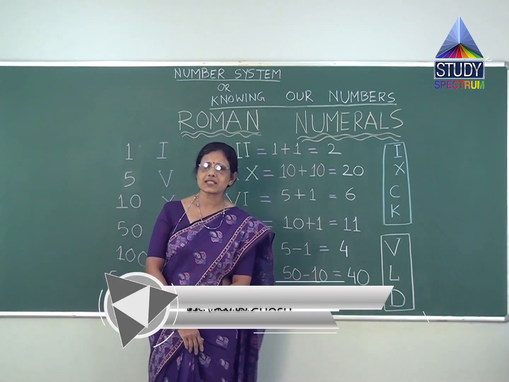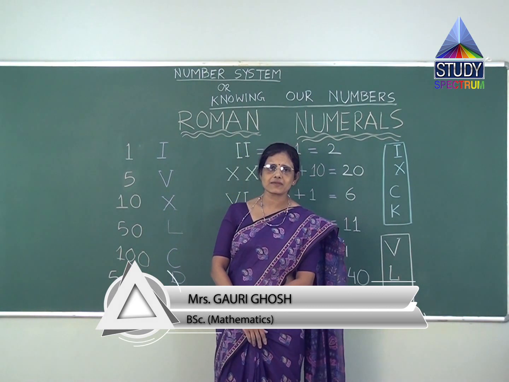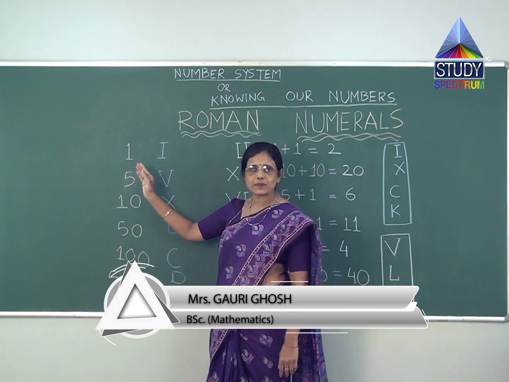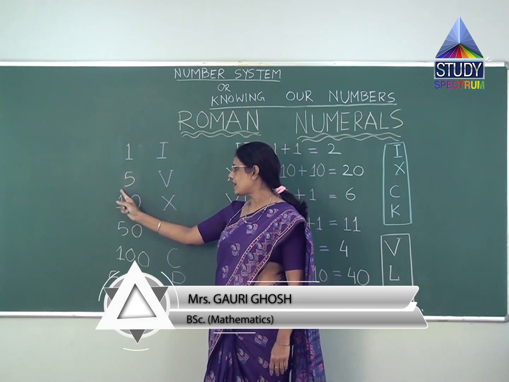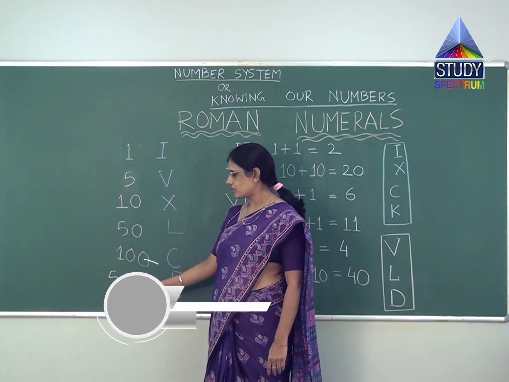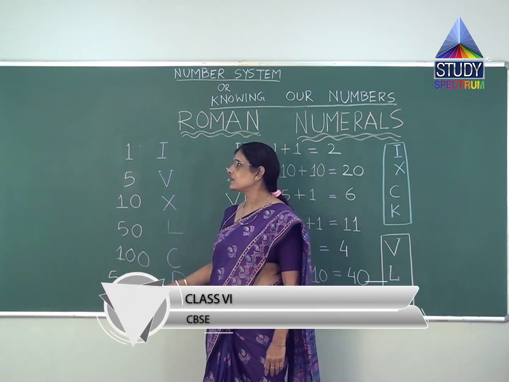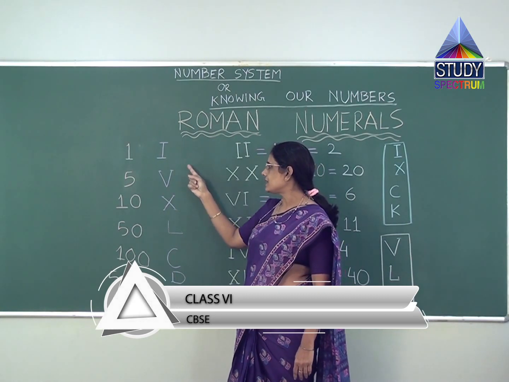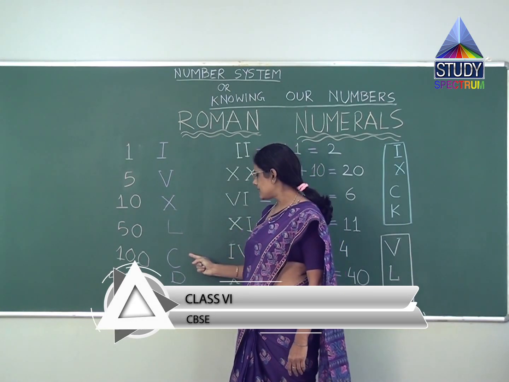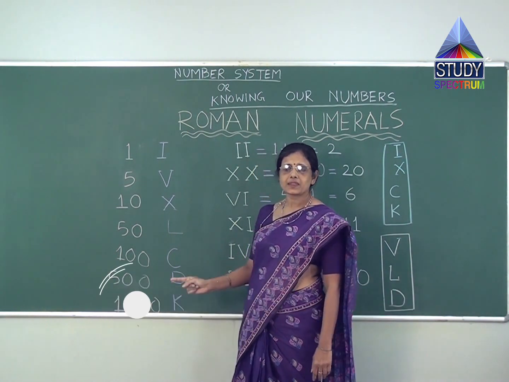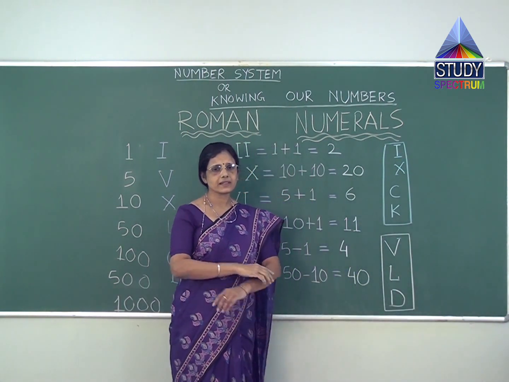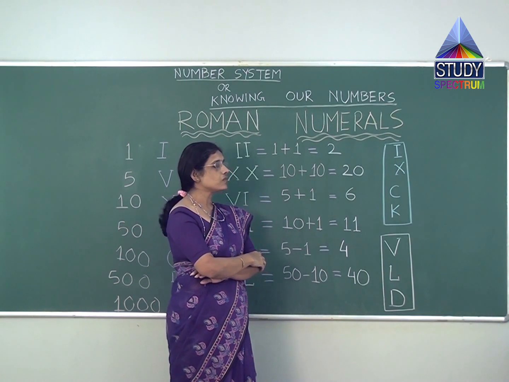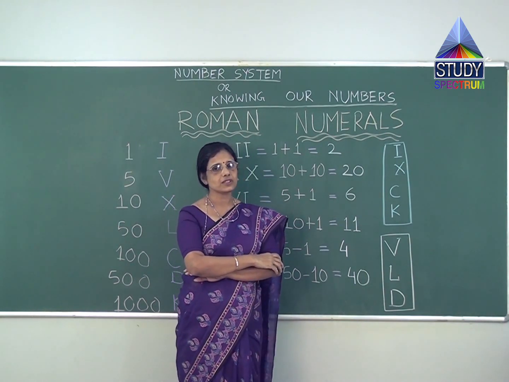So Roman numerals, what are the major values? These are, again I am repeating, 1, 5, 10, 50, 100, 500 and 1000, which are the respective values of I, V, X, L, C, D, K. The important thing while writing Roman numerals is which you can repeat and which you cannot.